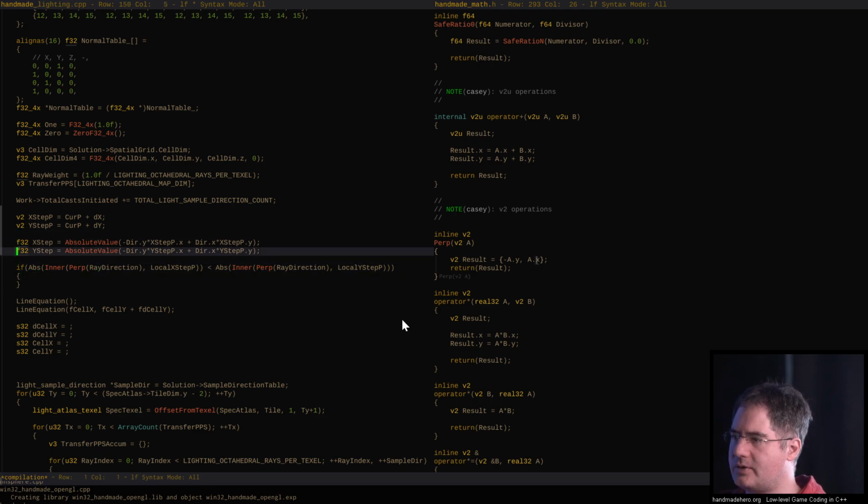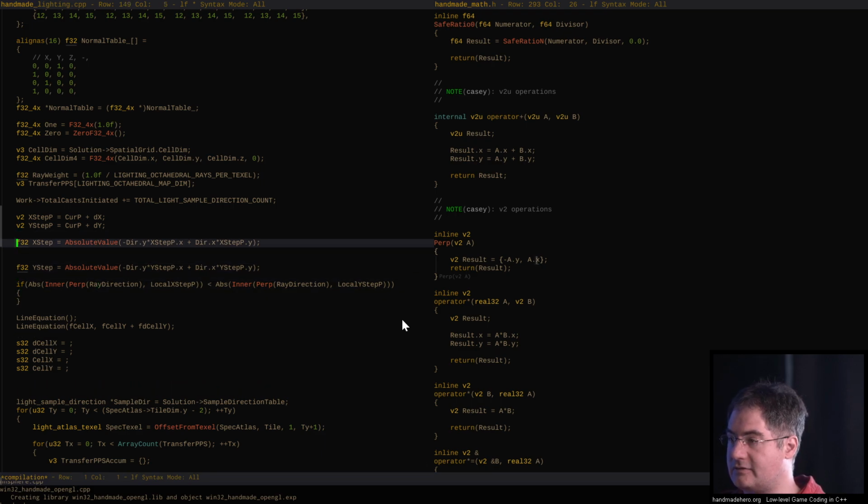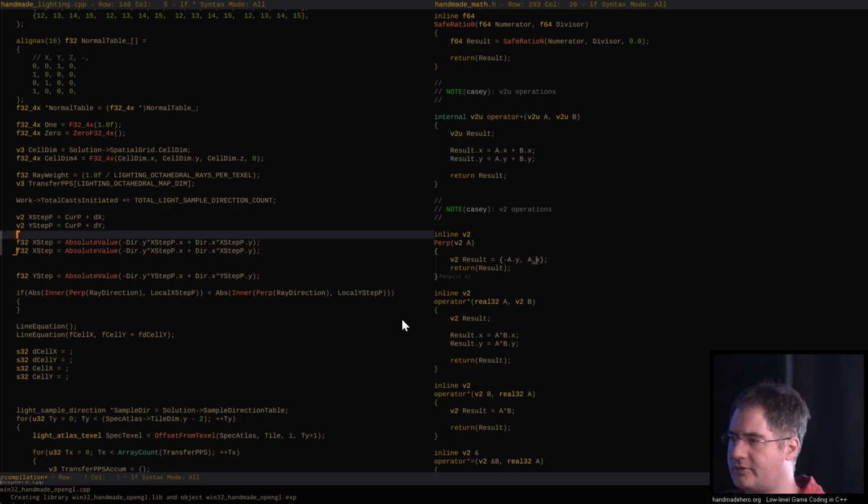So if we imagine that we were going to expand these two by saying, okay, we're going to plug in the cur p plus dx into x step p. Right. So we're going to do that.